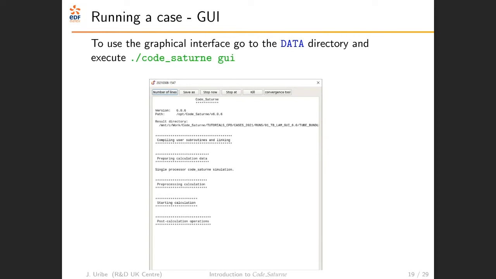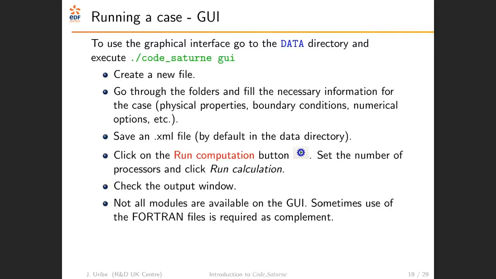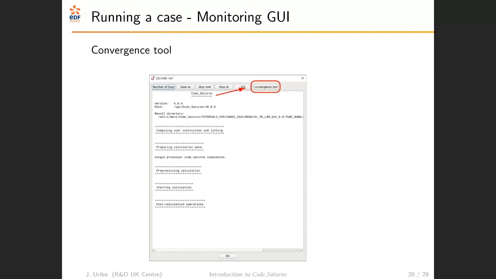And if everything goes right, you end up with the post-calculation operations, such as copying files and results files. As I said before, sometimes you need to use the Fortran or the C file in the user subroutine. So that's something to take into account.